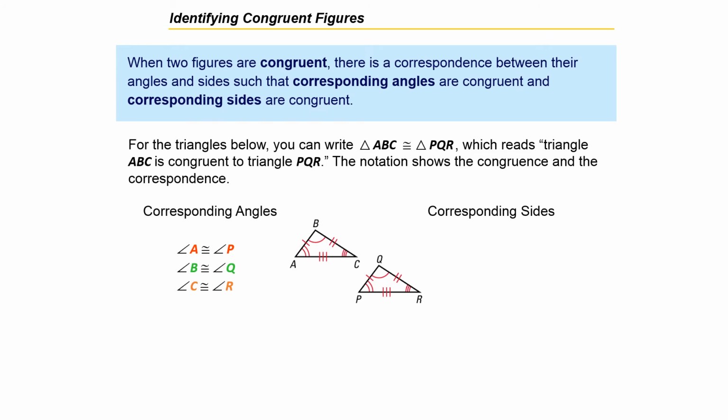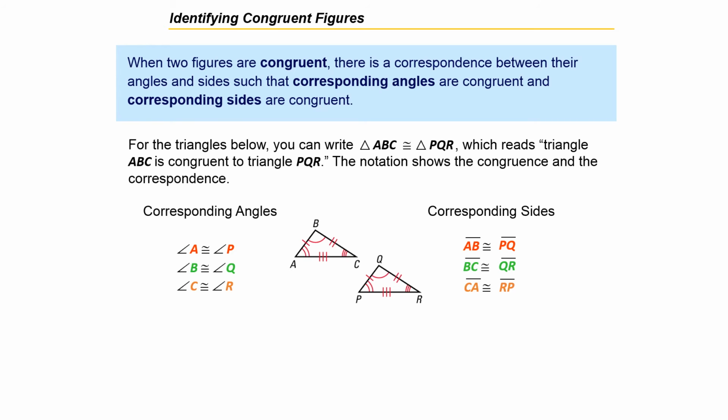And then we can list the corresponding sides the same way. AB is at the beginning, so guess what it matches with? PQ. BC is the last two, so it matches with QR. AC is one in the beginning, one at the end, so therefore it matches PR or RP.